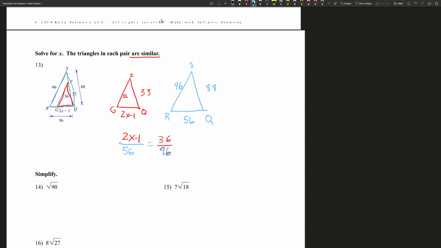And then we got to multiply out this 56. So we get 2x minus 1 is equal to 21. Add 1 to both sides, we get 22. Divide by 2, we get 11.